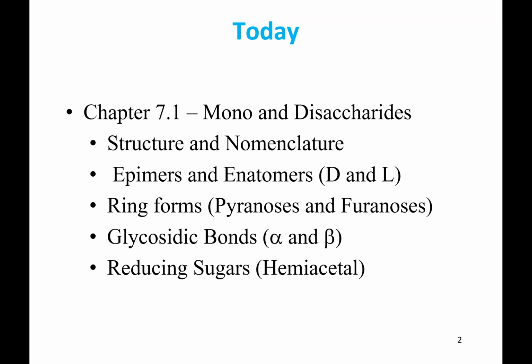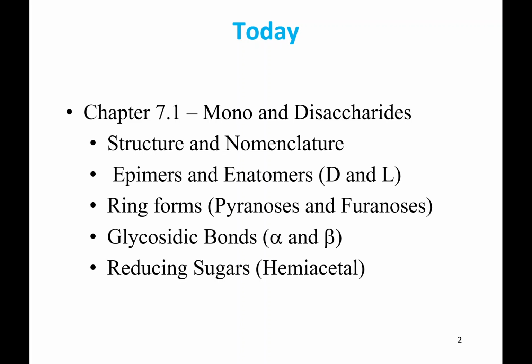One is enantiomers, and those, if you remember from organic chemistry, are non-superimposable mirror images. Okay? And for sugars and amino acids as well, we refer to enantiomers as the D and the L form, and I'll explain really what that means, how you come to find what enantiomer a sugar is.